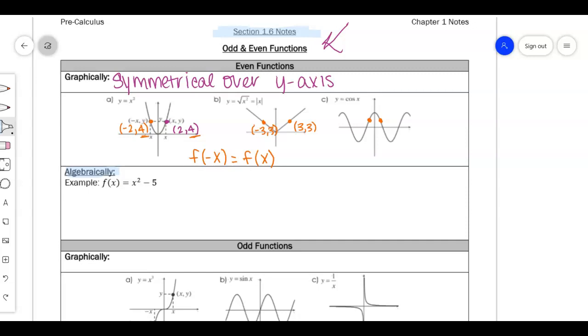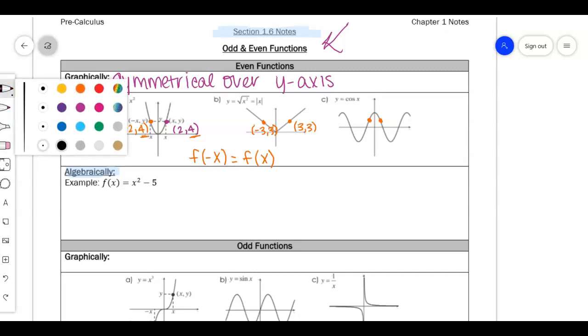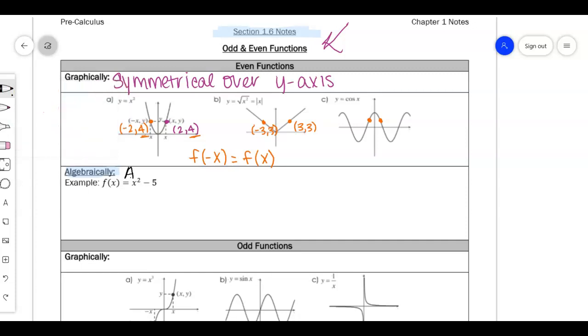So let's go ahead and formalize this. A function is even if and only if f of -x equals f of x.